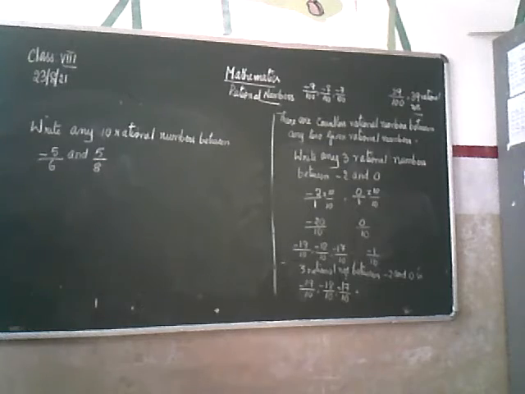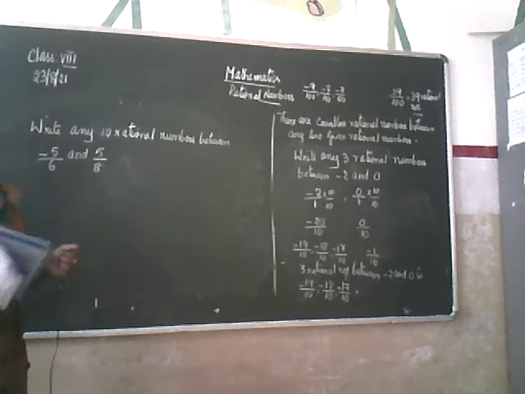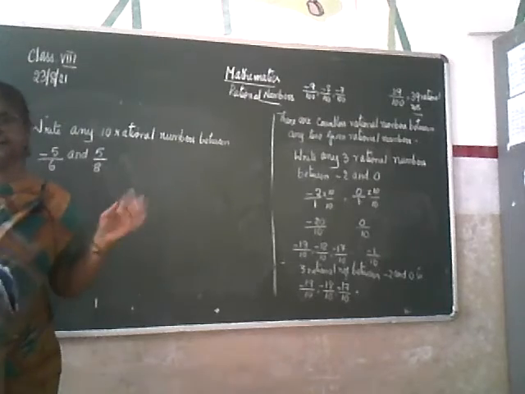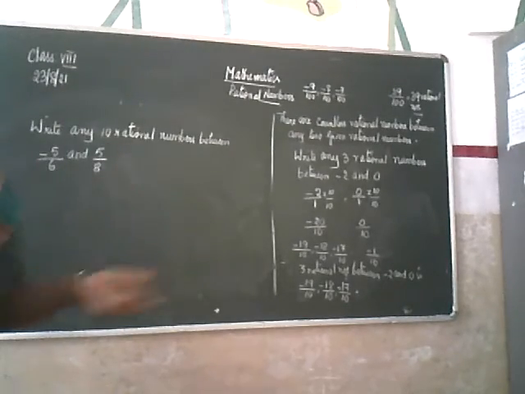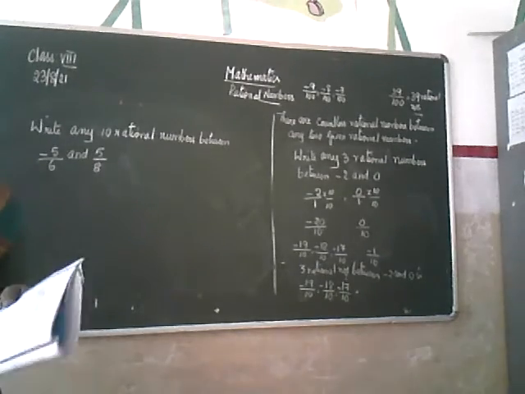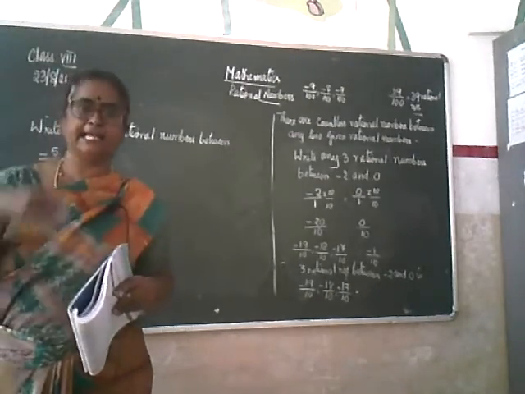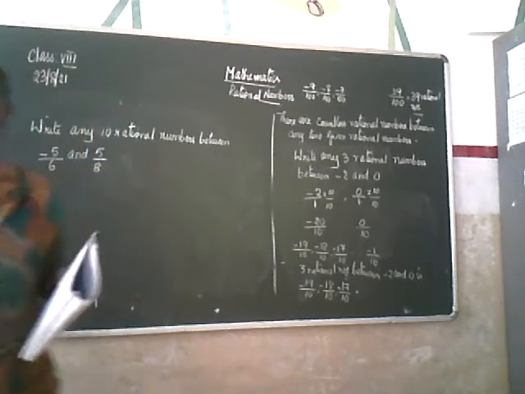So, write any 10 rational numbers between minus 5 by 6 and 5 by 8. See here, are they same? The denominators are same? No. Here the denominators are different. First, you make it as an equivalent fraction. Okay? Then you can do it.